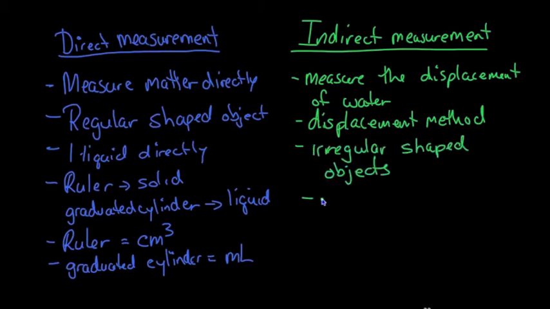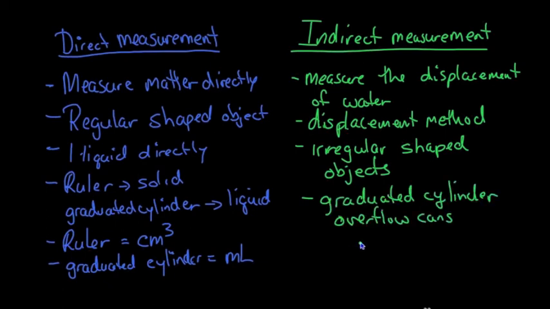We use graduated cylinders and overflow cans to determine the volume of the liquid that was displaced by each object. And we record those values in milliliters. One last thing to remember is that 1 milliliter equals 1 cubic centimeter.